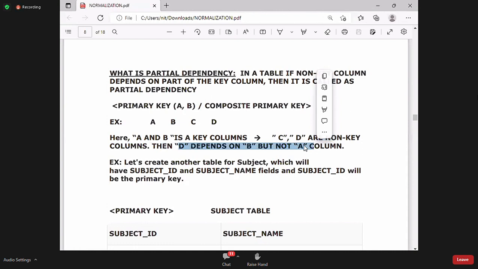For example, to understand easily, in a family there are father, mother and children. If these children depend on father and mother both, then it is called fully dependency. In some families, only one of them is there: either father and children, with no mother.